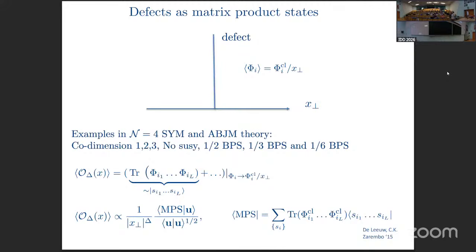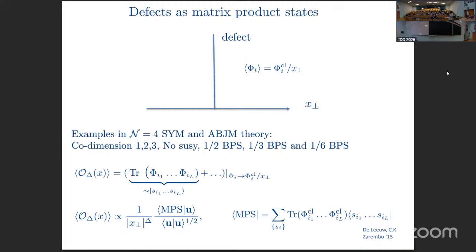Okay, so let me remind you how matrix product states can represent defects in the field theory. As I said, I can formulate a defect as some subspace of my spacetime where some classical fields behave in a singular way when we approach that subspace.